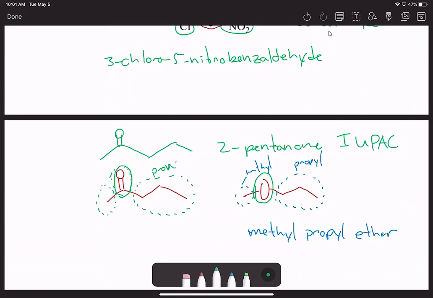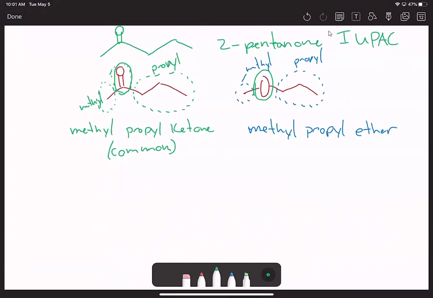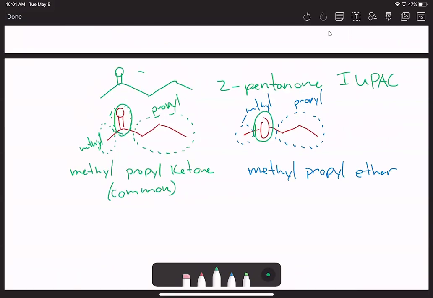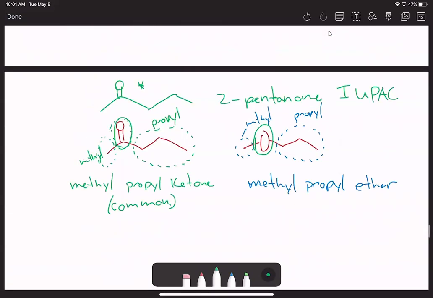I have propyl here, I have methyl here, and I could name this methyl propyl ketone. This is a common way that ketones are named. So we have an IUPAC name, which is 2-pentanone, and a common name of methyl propyl ketone.